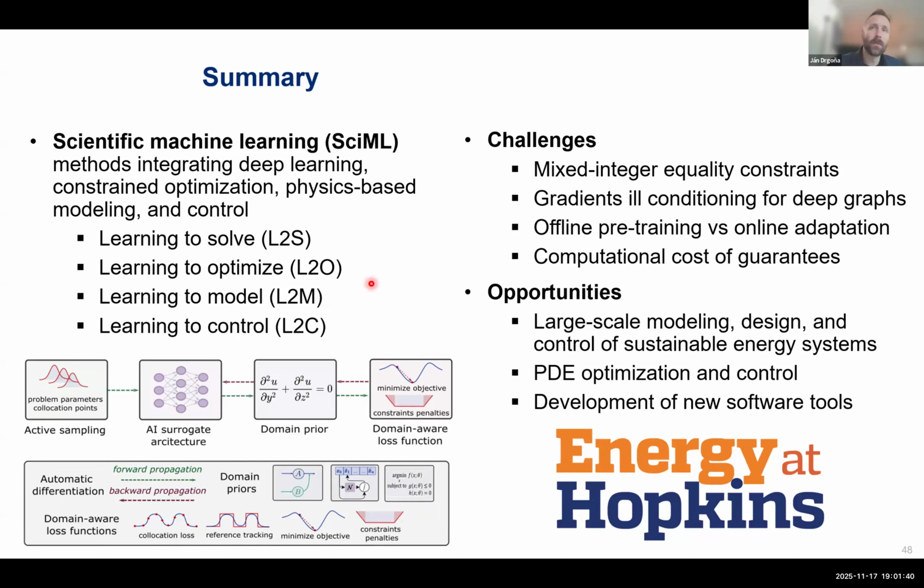So what I wanted you to take away from this talk today is that there are a lot of emerging methods, called physics-informed neural networks, learning to optimize, learning to model, neural ordinary differential equations, or learning to control, that I see as instances of the same family of methods that we can call scientific machine learning, that integrate deep learning, constrained optimization, physics-based modeling based on differential equations, and control theoretic principles.